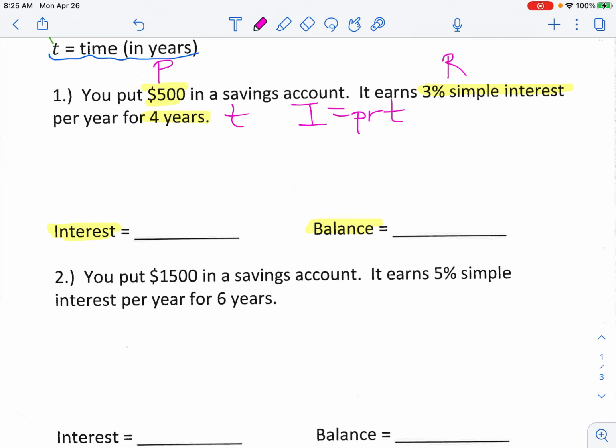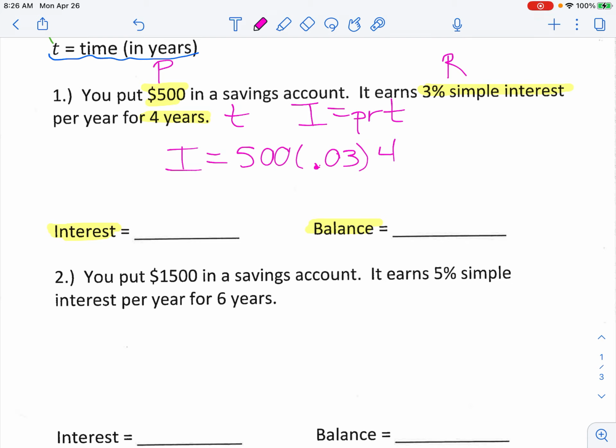All right, so I'm going to go ahead and start substituting for my variables. I know the principal is $500. I know the rate is 3%, which we're going to write as 3 hundredths, 0.03, and the time is 4 years.